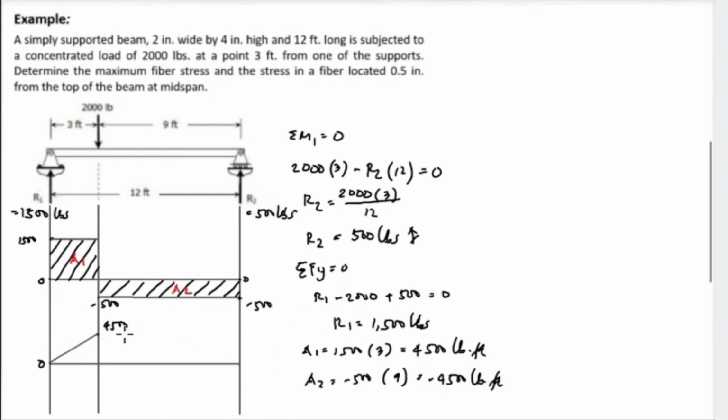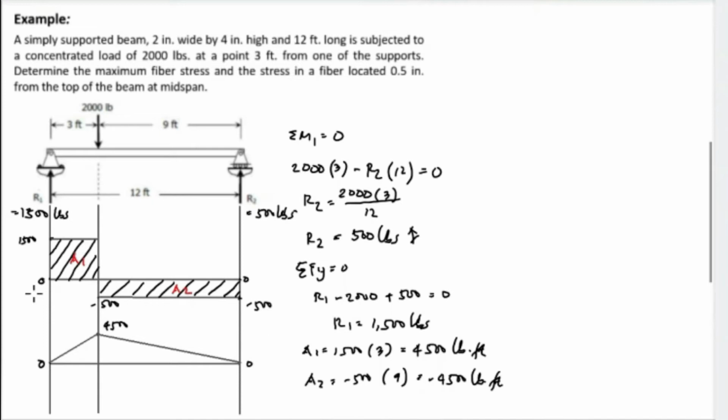So 4,500 minus 4,500, the value is 0 at point 2. And the shape is, for no load, horizontal, and next is diagonal, from 4,500 going to point 2, and the value is 0. And we have closed the moment diagram.